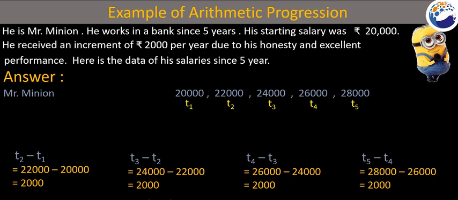Therefore, T2 minus T1 is equal to T3 minus T2 is equal to T4 minus T3 is equal to T5 minus T4. Here, the difference between consecutive terms is 2,000, which is constant. Therefore, Mr. Minion's salaries over 5 years are in arithmetic progression.